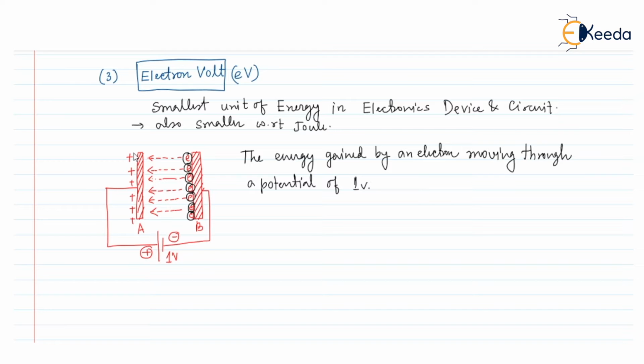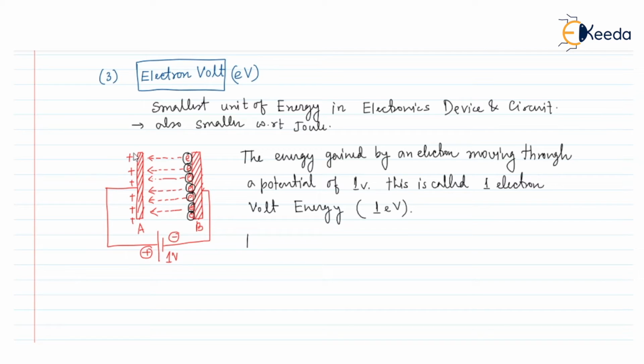And this is called the 1 electron volt energy, simply 1 eV. So this was the definition of 1 electron volt energy.